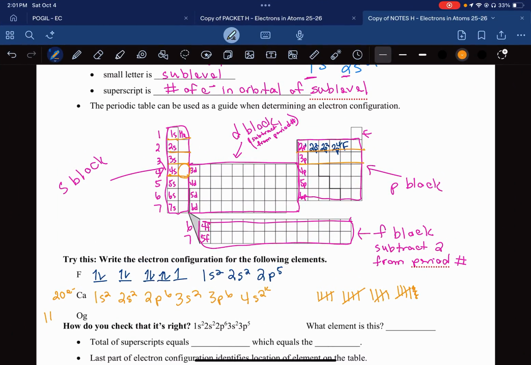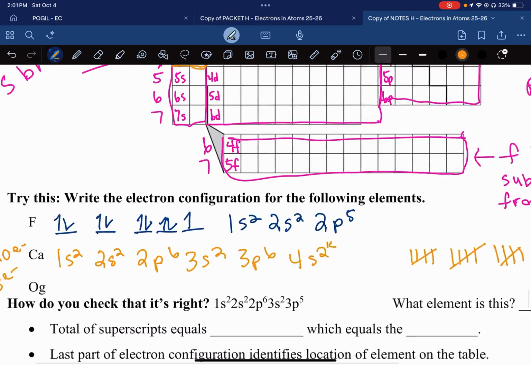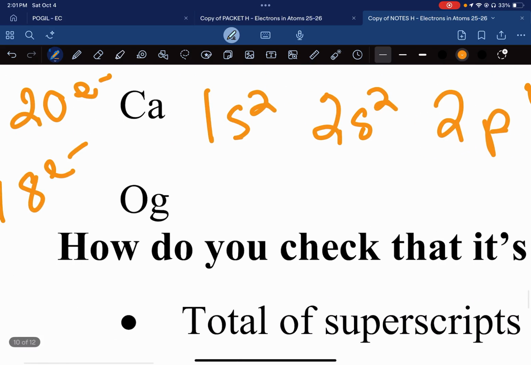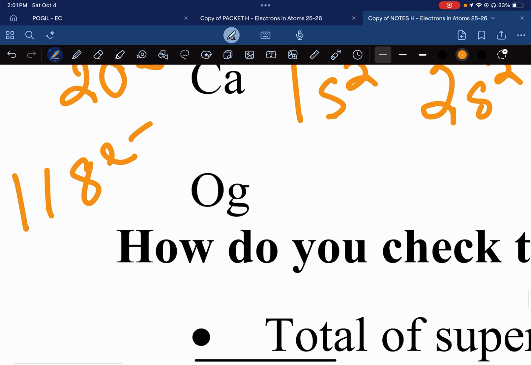I am going to zoom in super large so that we will have a lot of room here. We're going to have to go through pretty much all the blocks of the periodic table to get to this. So let's do that.